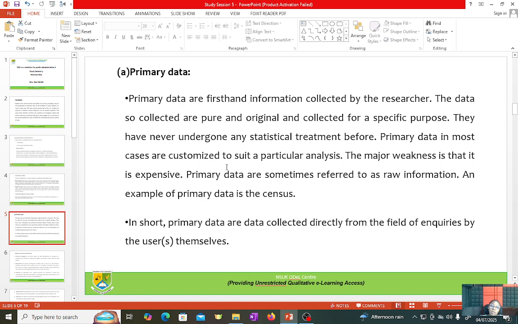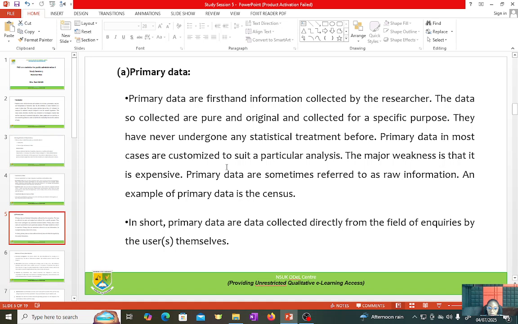For example, you want the prices of grains in Kefi market. Instead of going to source out those prices from the National Bureau of Statistics, this researcher goes to the market himself to meet one-on-one with these sellers to get the prices of these grains.